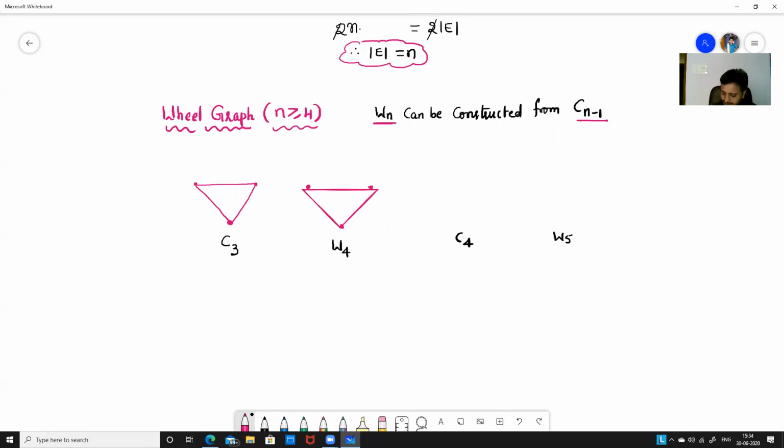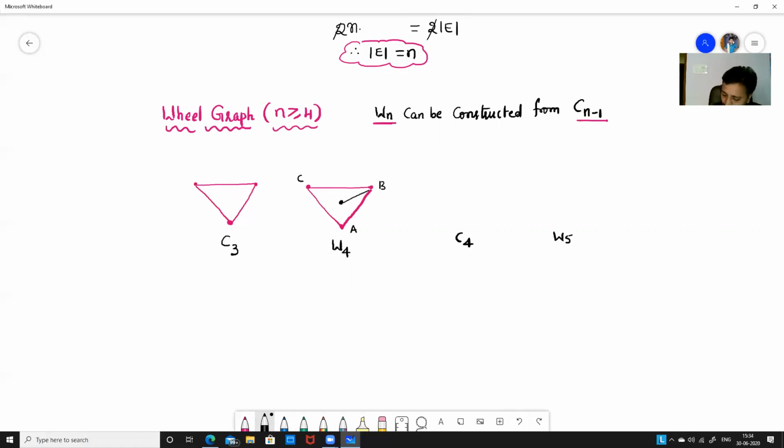And in addition to that, we take one extra vertex which is adjacent to all the remaining vertices. Adjacent means a common edge. Suppose I have three vertices like A, B, C. Then this newly added vertex must be adjacent to all these three vertices.